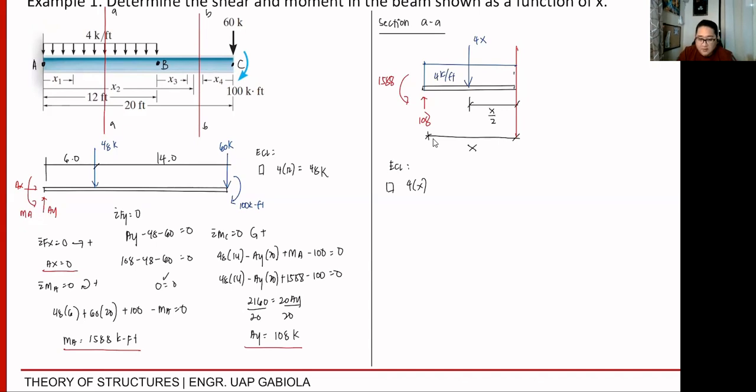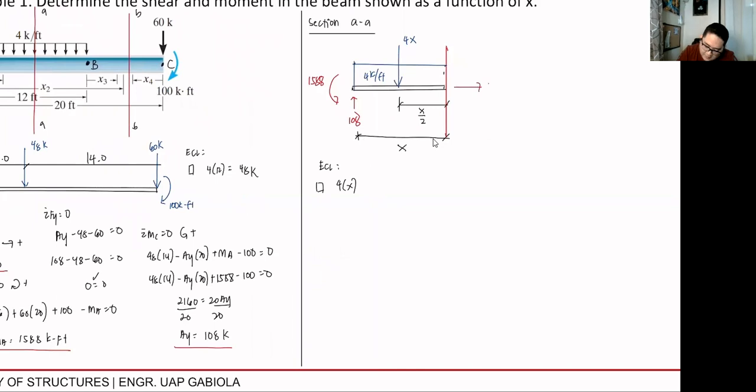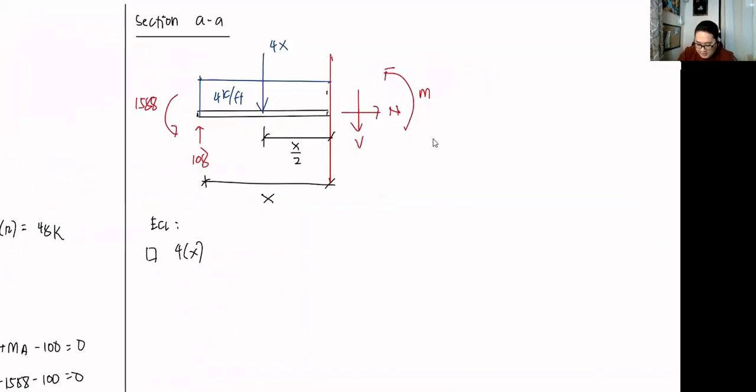Okay? So, pakita natin yung internal reactions natin. So, we have ito yung ating normal. Then, yung shear natin, dapat mag-cause ng clockwise. And then, ito yung moment natin. Okay? Now, we get yung ating shear and moment with respect dun sa ating function ng X. Okay?